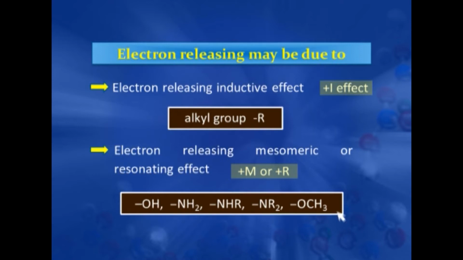And one more thing, all these groups which have positive M or positive R also have an electron withdrawing inductive effect. But if we compare the two effects of these groups, then electron donation is a much stronger effect than electron withdrawal. So, that is why these groups are known as electron donating groups.